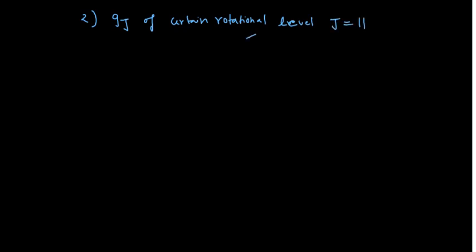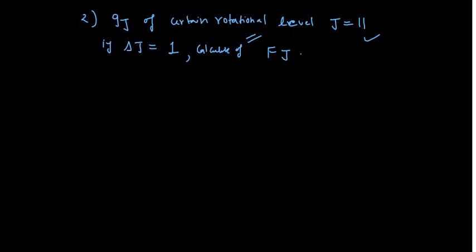That rotational energy level, j value is given. And if delta j equals to plus 1, calculate the energy of the transition, that means simply delta Fj. This is the question you have given.